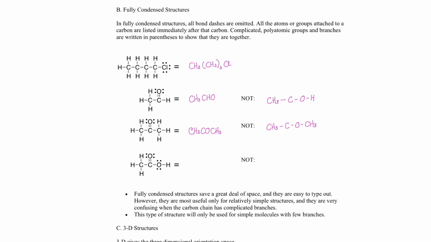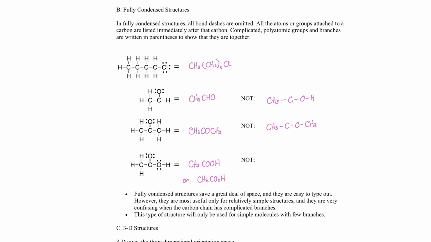And in the last example, we have a functional group here called a carboxylic acid. And that will always be shown as COOH. I do see other textbooks use CO2H. That's fine too. These are both acceptable ways of writing out that functional group.